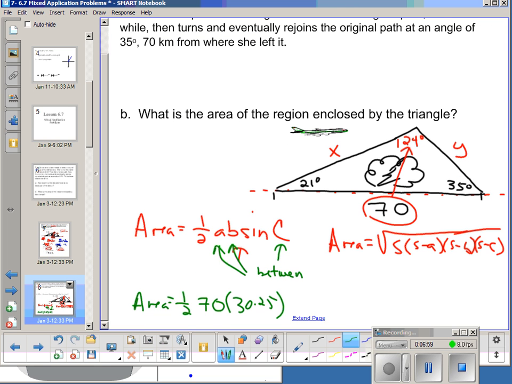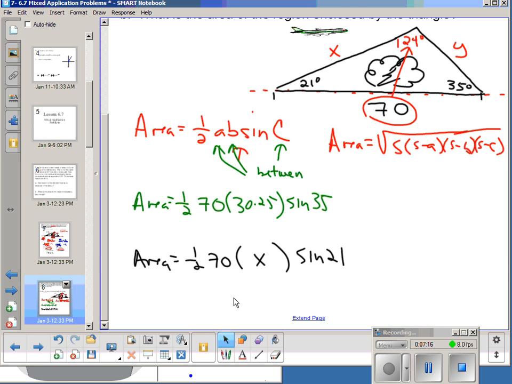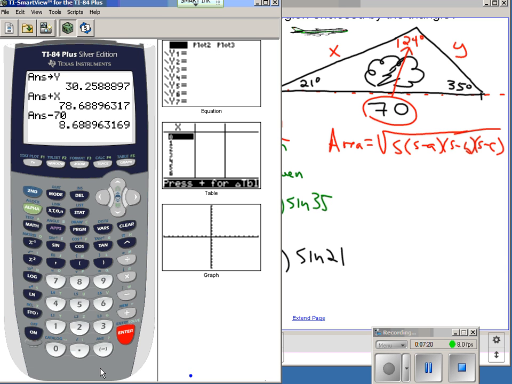If I use the 70 and the 30.25, then I need to do sine of 35, because that's the angle in the middle. I could do the same thing with the x. I could also say area is 1/2 times 70 times whatever that x was, sine of 21. I could even use both x and y and use sine of 124. So I could do any of those, but I think I'm going to go with my first option.